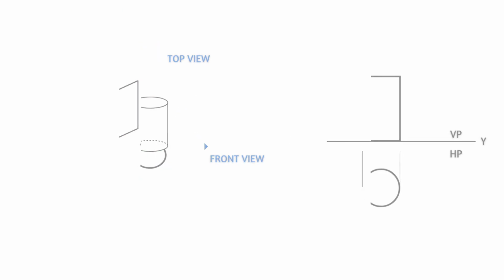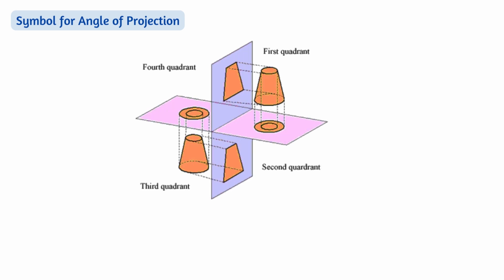Next, we will see the symbol for angle of projection. The symbol for representing the first and the third angle projection is obtained by projecting the frustum of cone resting on base in the respective quadrants. For first angle projections, if we see the frustum of cone from front view, we will see the trapezium. From top view, we will see a concentric circle.